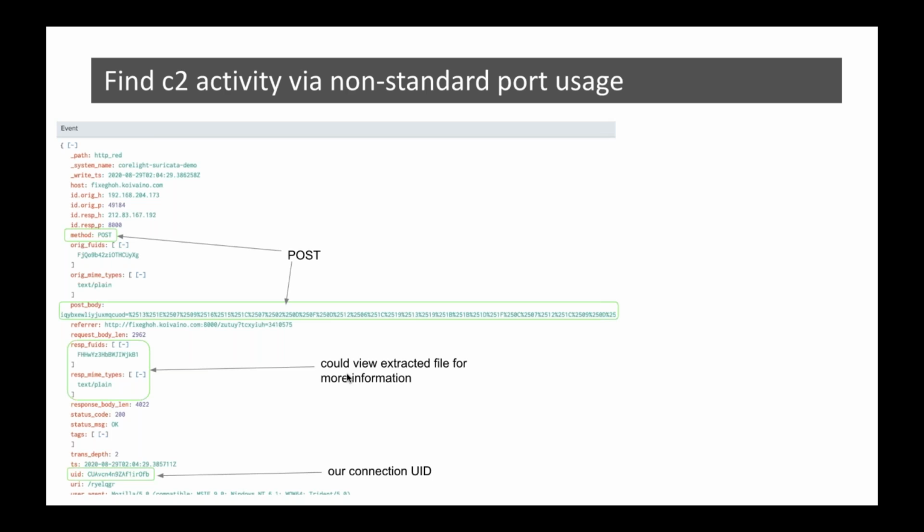But what is interesting is, this could absolutely be command and control that's posting some sort of information about the system it's been installed on, or some sort of commands that are being executed or responses from those commands out to this server on port 8000.